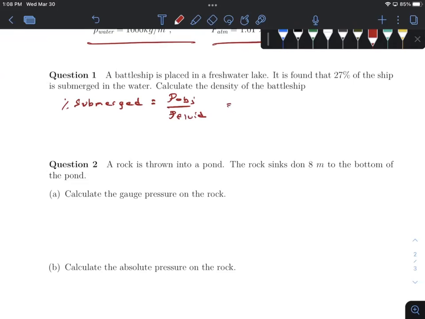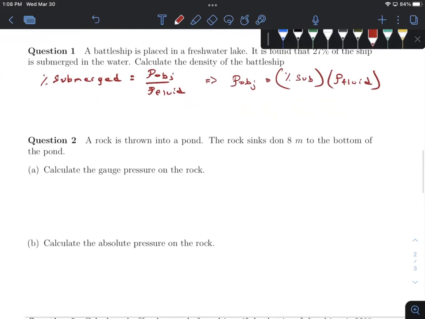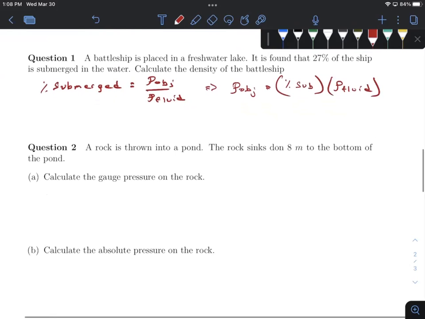So I solve this: the density of the object is the percent submerged times the density of the fluid. Those are the two pieces of information I need. How much of the battleship is submerged in the water? And is this water, or some other fluid?